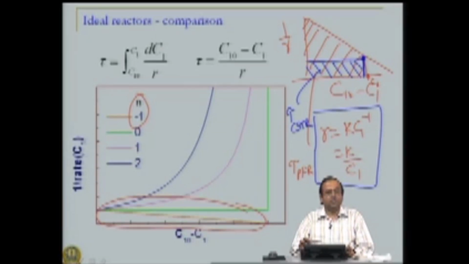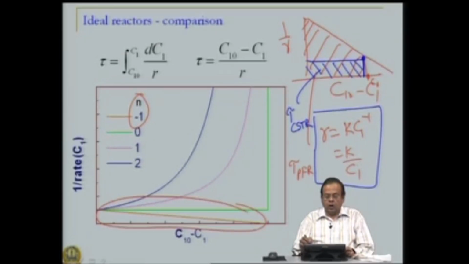And this aspect is independent of the kinetics of the process. But look at the kinetics now. If concentrations are low, according to this kinetics R equal to K over C1, if concentration is low, the rate is high.